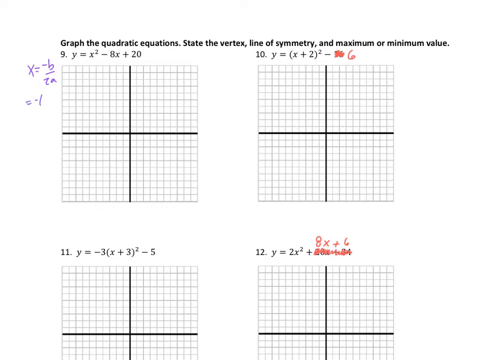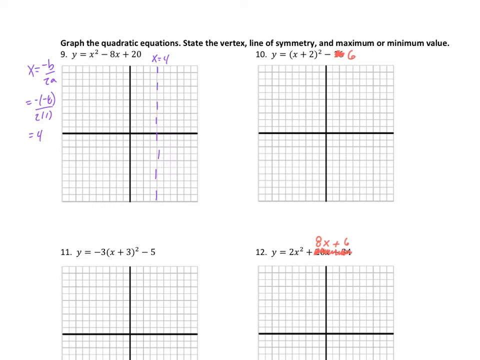So negative 8 over 2 times my a value is 1. So negative 8 over positive 8 over 2, which would be 4. So here at 4, I'm going to have my line of symmetry. So I'm drawing that in. X equals 4.